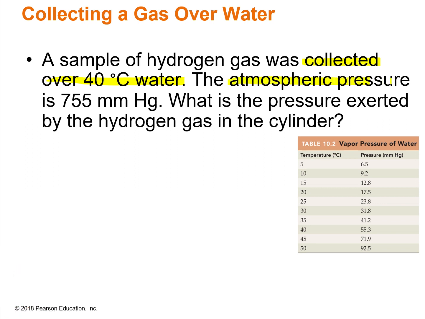Then we're told the atmospheric pressure is 755 millimeters of mercury. And we need to figure out the pressure exerted by the hydrogen gas. This is actually a Dalton's Law question. Because the atmospheric pressure is our total pressure.